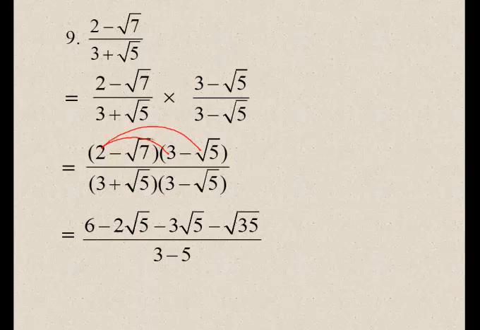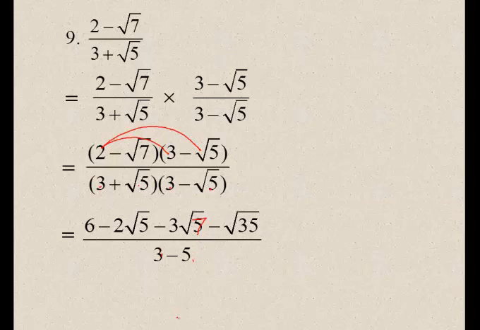Minus root of 7 times 3 is minus 3 root 7. Minus root 7 times minus root 5 is minus root 35. Over 3 minus 5, that times that is 3, that times that is minus 5.